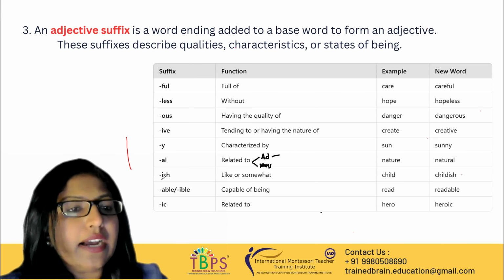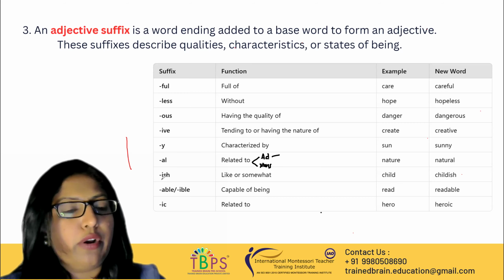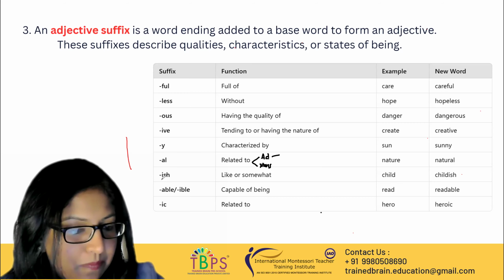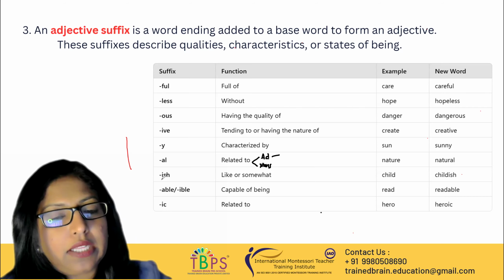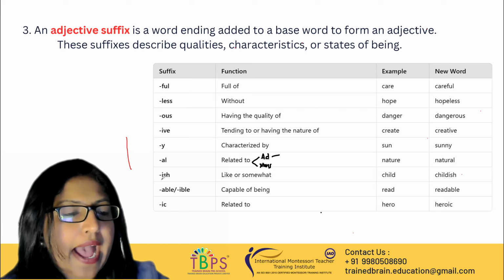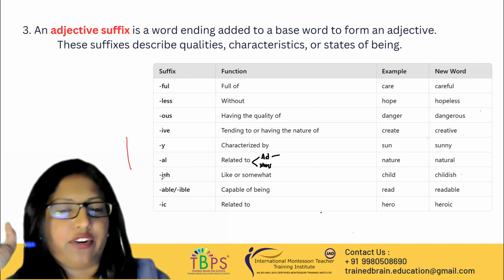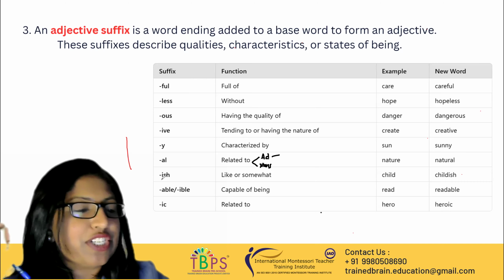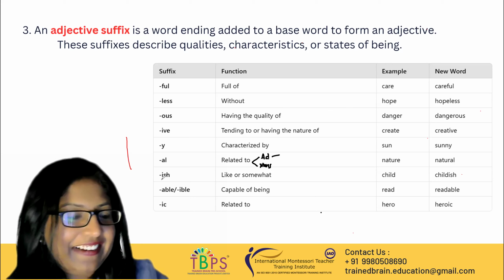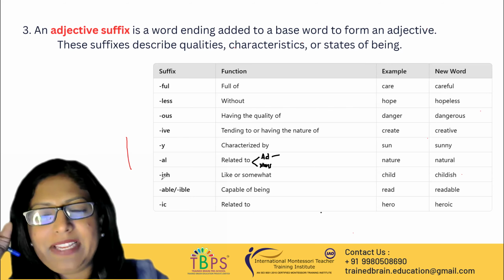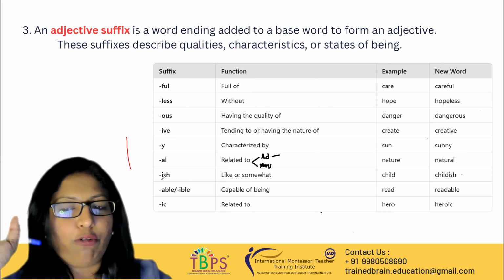The last adjective suffix we are going to see is ic. This is related to having some characteristic, or something which is very stylish. For example, hero, heroic.